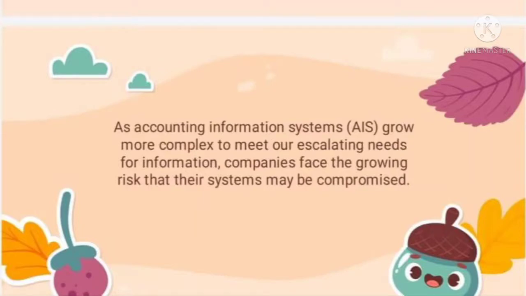It is generally a computer-based method for tracking accounting activity in conjunction with information technology resources. As accounting information systems grow more complex to meet our scaling needs for information, companies face the growing risk that their systems may be compromised.